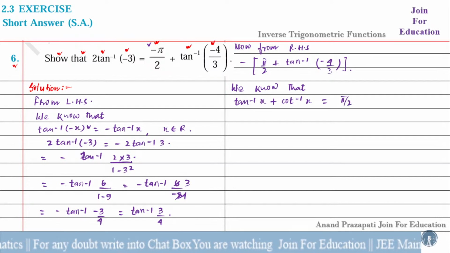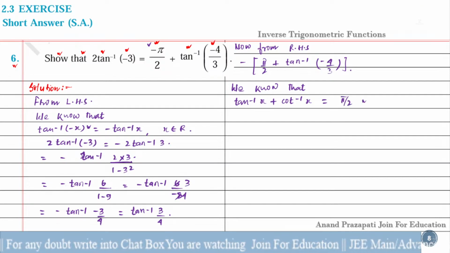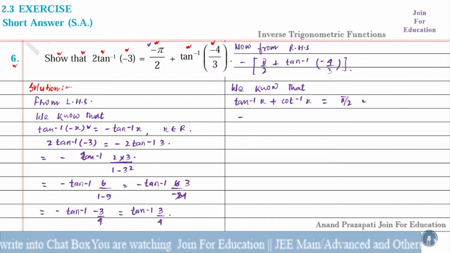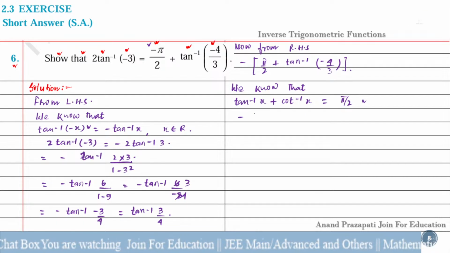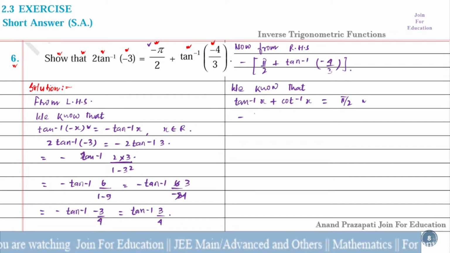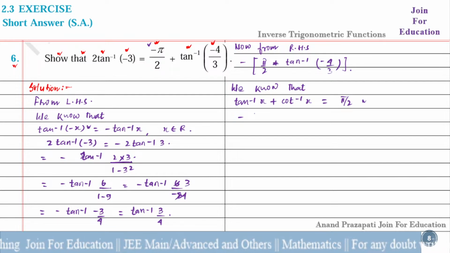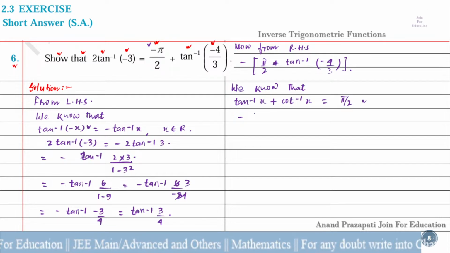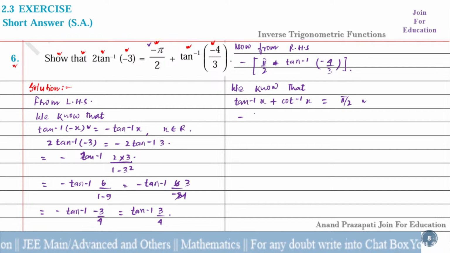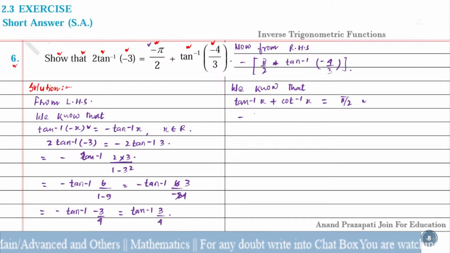So according to this formula, 5 by 2 minus tan inverse x equal to cot inverse x.